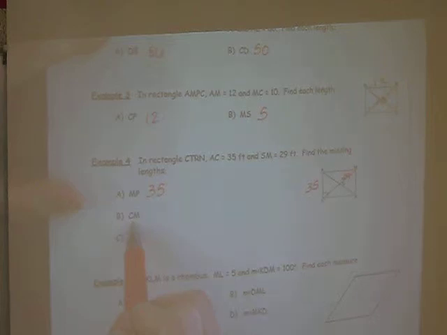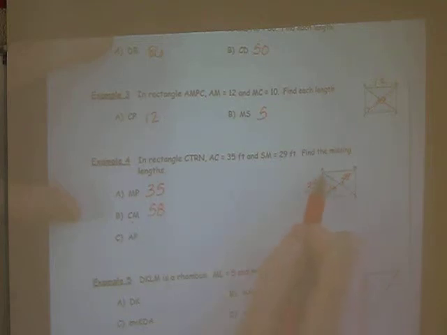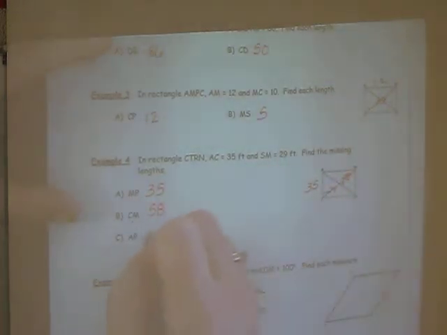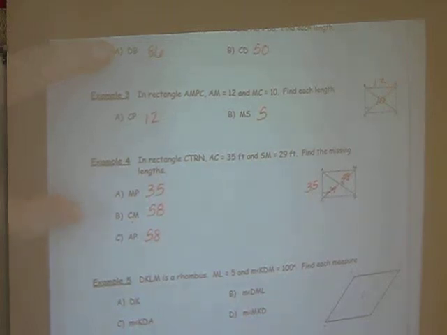To find CM, which is the diagonal, we know half of the diagonal is 29. This other half will also be 29, so the diagonal will be 58. And the second diagonal is the same, and that will also be 58.